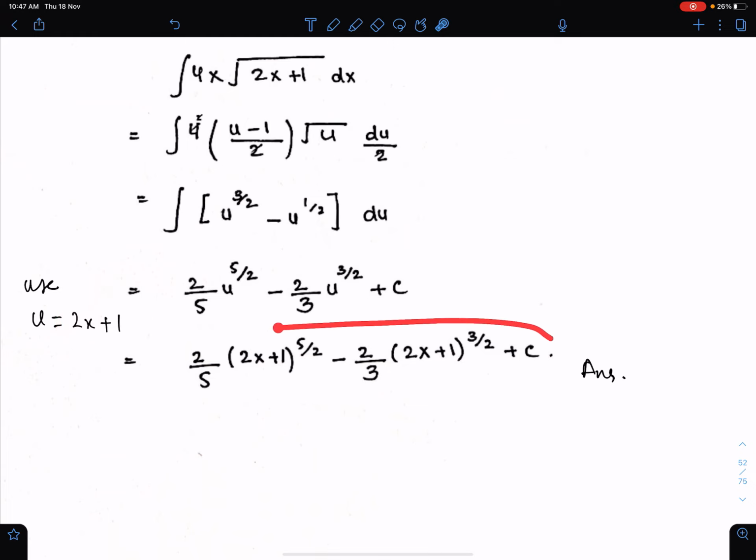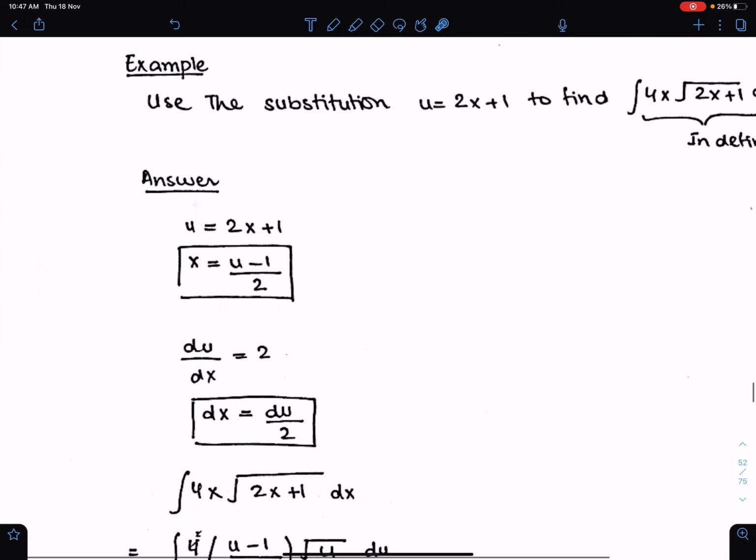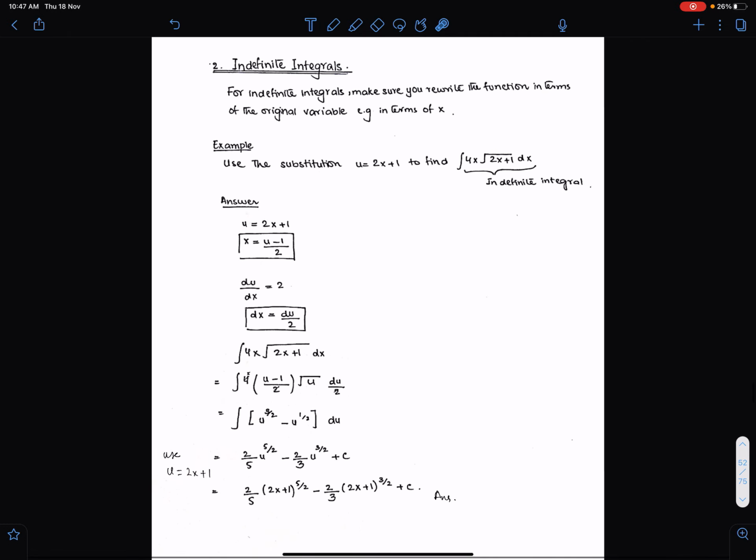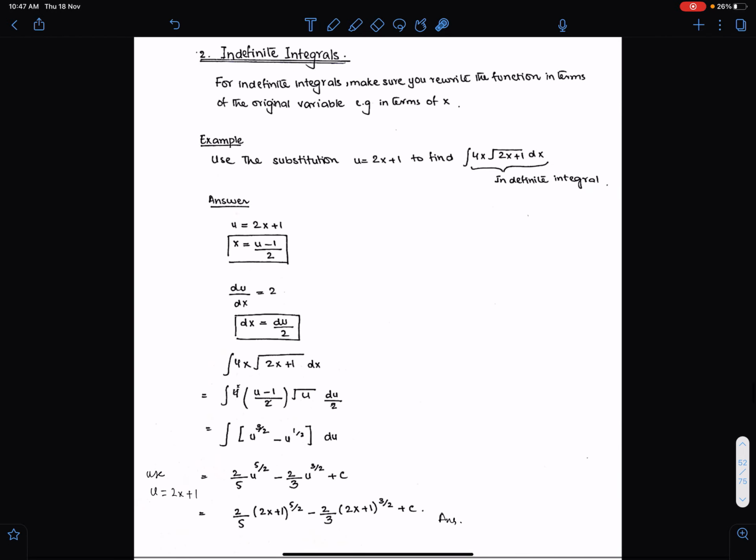This is a different step with respect to integration by substitution for definite integrals. Of course, we don't need to use limits here. We don't need to change the limits because this integration is indefinite. So this is the way to solve the questions for indefinite integrals. Just remember this step. Rewrite the function in terms of the original variable, which is here.